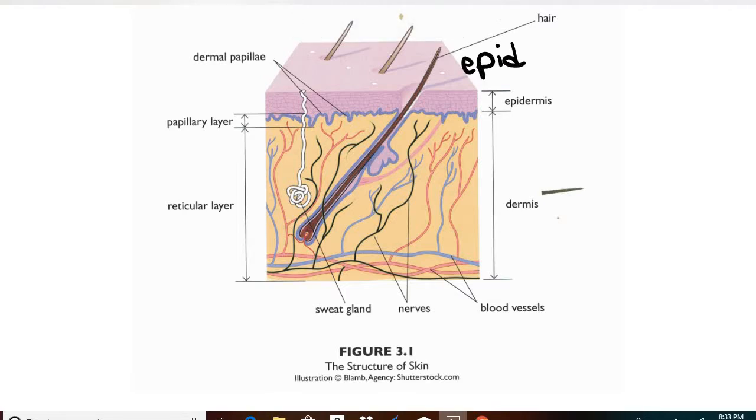And the epidermal ridges are the basis that we have for fingerprinting.